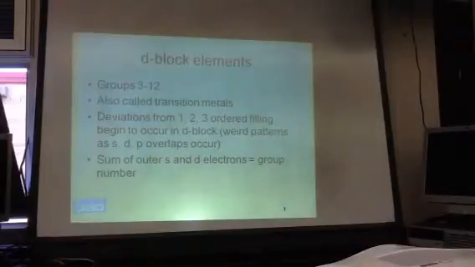The D block is also where we start to have those 4s2, 3d3, 5s2, 3d6. So the sum of the S and D electrons is equal to their group number. Okay? If we had a sample of titanium, atomic number 22, what group is it in? 4.